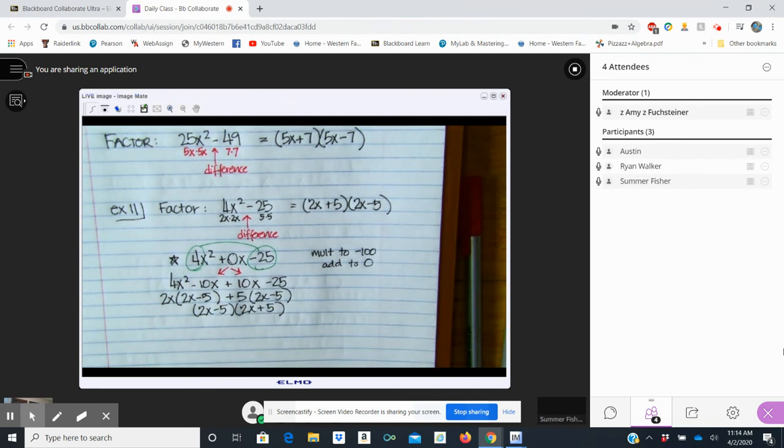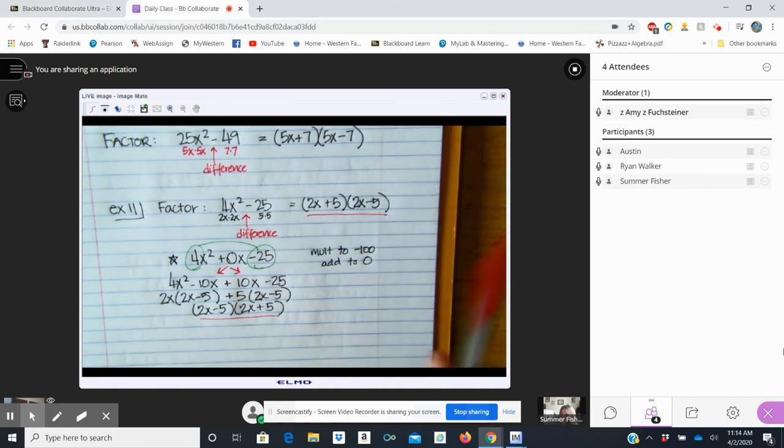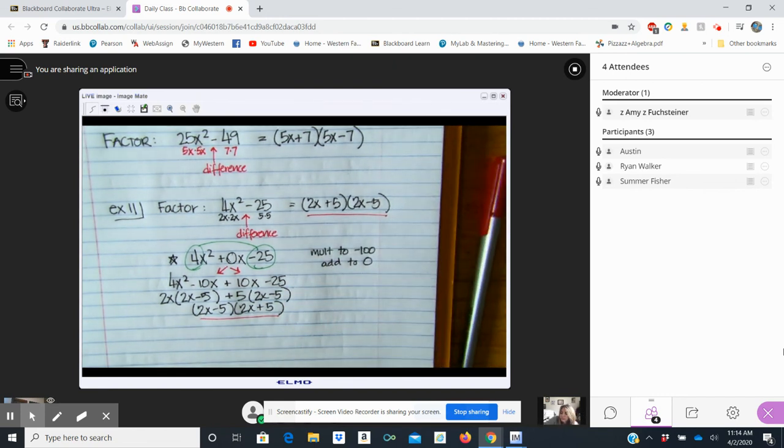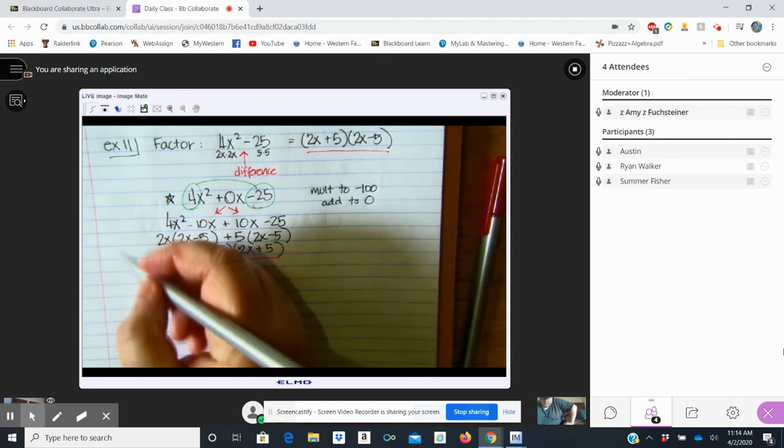And I get the same two factors that I did by recognizing the pattern. I'm just saving some work. That's the whole idea with the patterns, is that they sort of end up being little shortcuts.